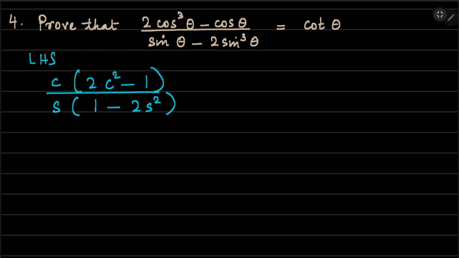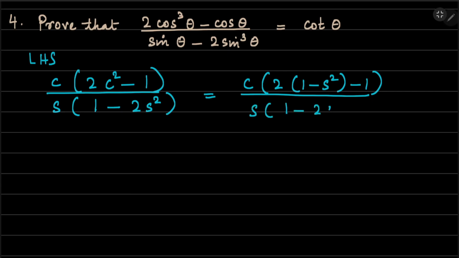Now you can see cos over sine is cot. So what we can now do is convert cos square as 1 minus sine square. So here you have 2 multiplied by (1 minus sine square) minus 1, whole divided by sine into (1 minus 2 sine square).